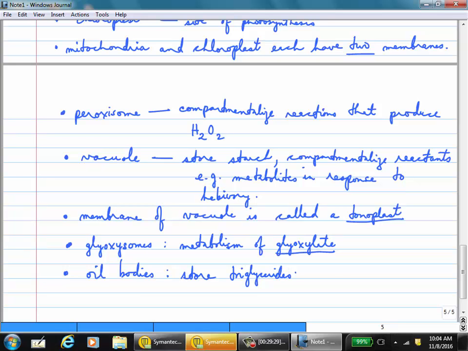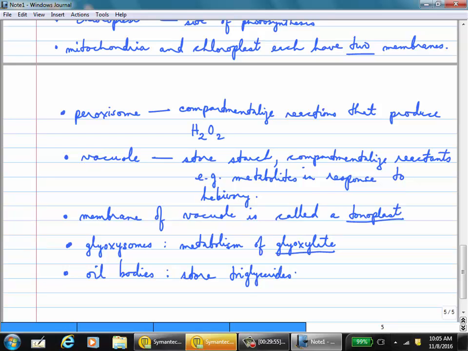So if you have an oil body, that is going to have a membrane around it. What kind of membrane is that going to be? Remember, for the oil body, it's triglycerides, that means three fatty acids, so it does not have any hydrophilic region. So if it's going to store triglycerides, what kind of membrane is it going to be? Monolayer, yeah.